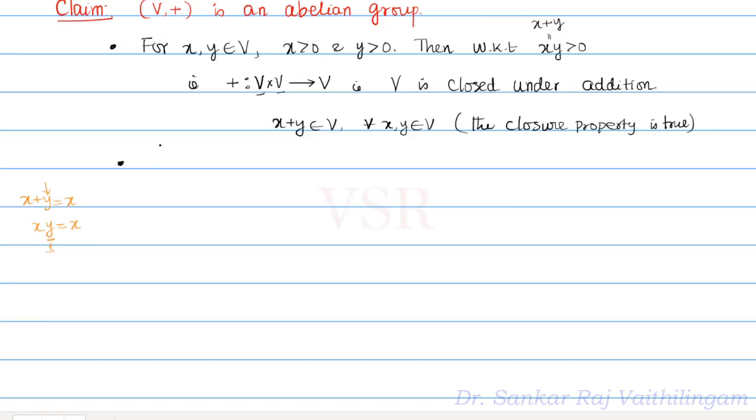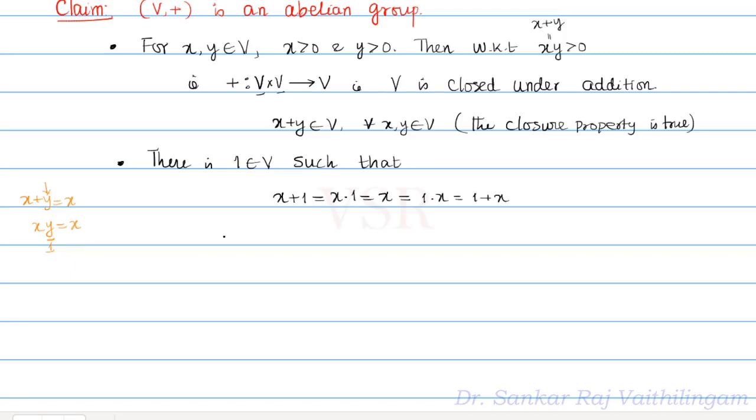Then there is 1 belongs to V such that x plus 1 is equal to x into 1 which is equal to x, and in the same way 1 into x, that is 1 plus x, which is equal to x.